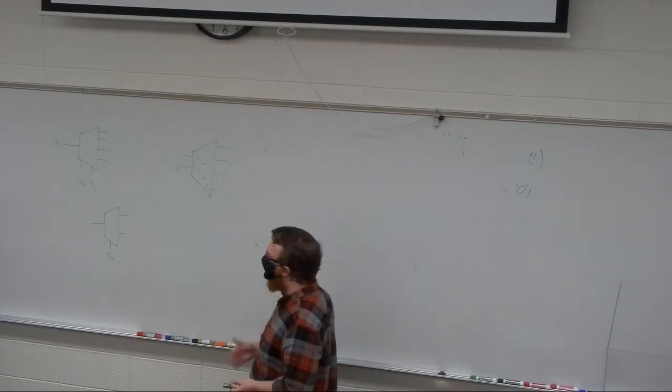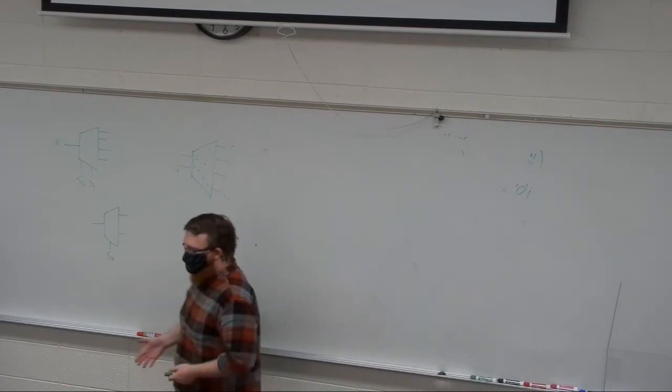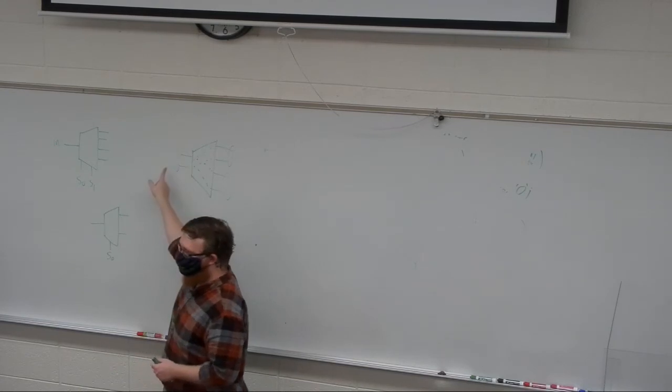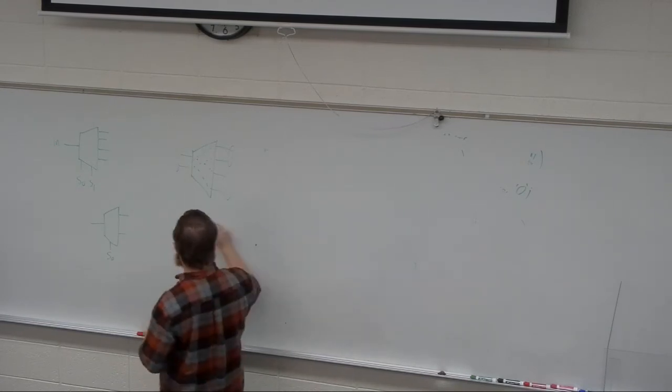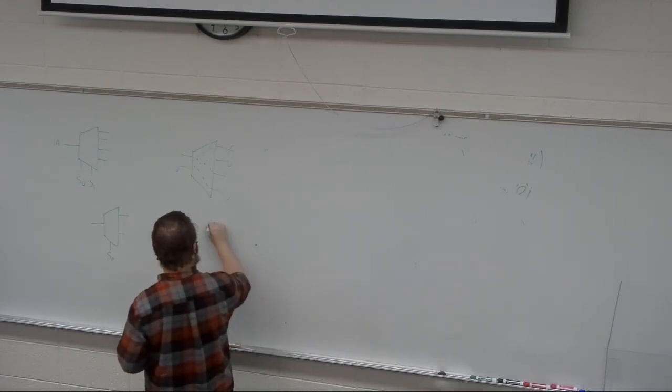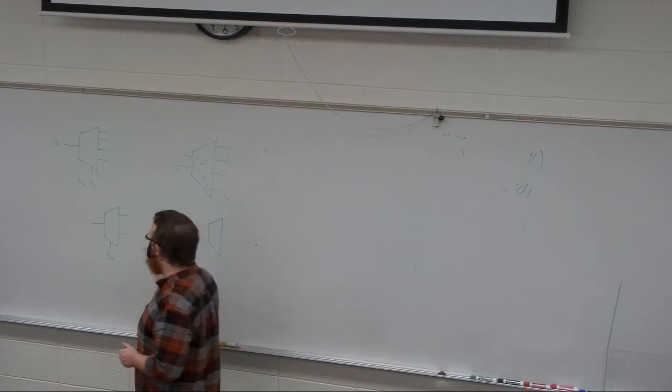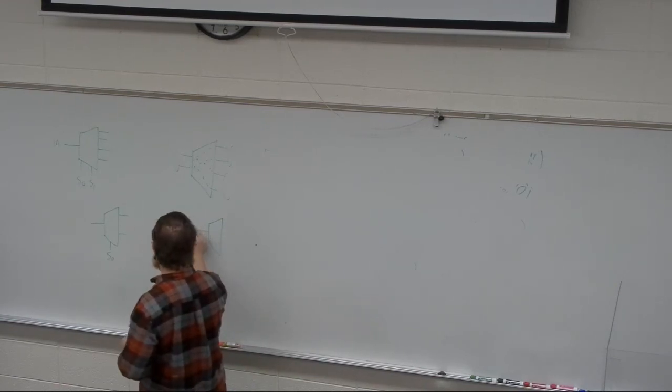In VHDL, when given buses of things, which all this is a bus, if I redraw this, depending on your schematic, you may end up with the line, or the other one is they make them really fat.